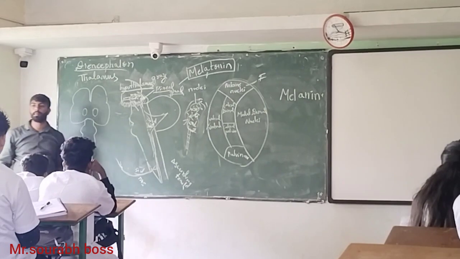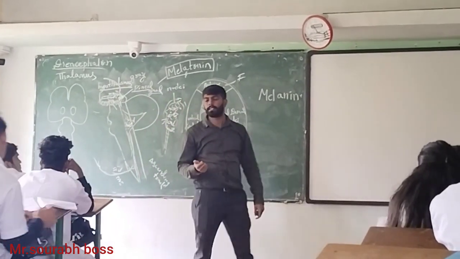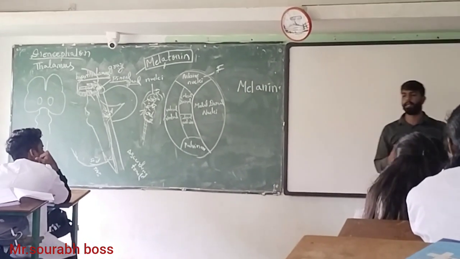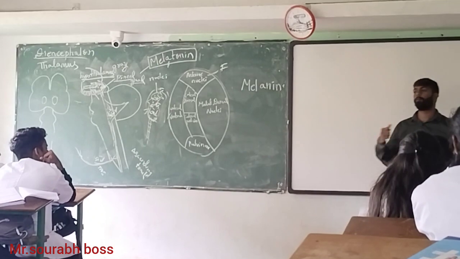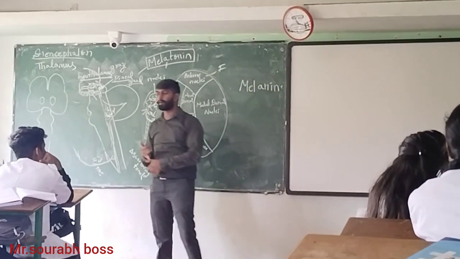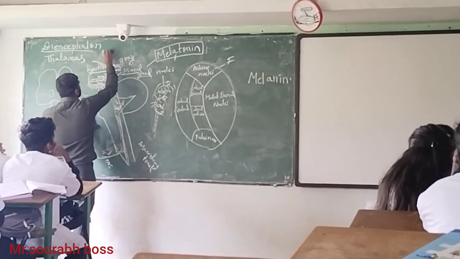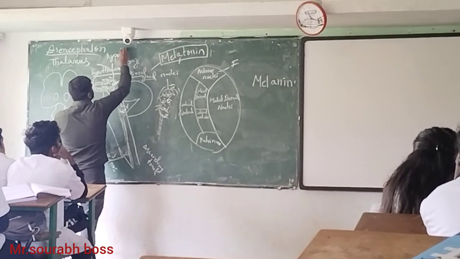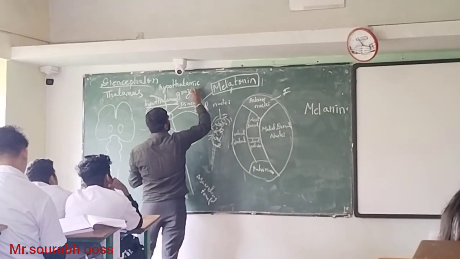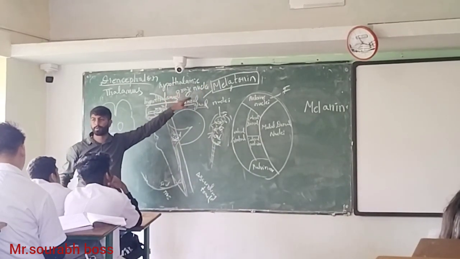So this hypothalamus also has some nuclei. If they have nuclei, it looks like which color? Red color. Okay. Why? Because it has a soma, nothing but cell bodies. So we can call that one hypothalamic nuclei.